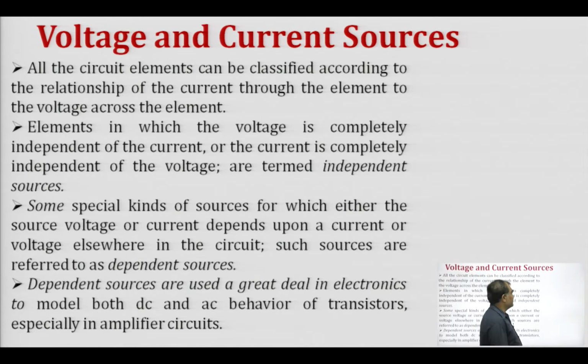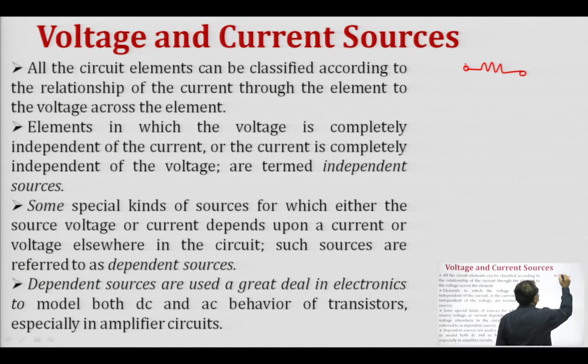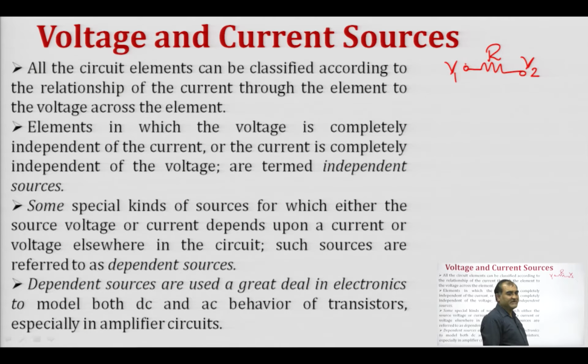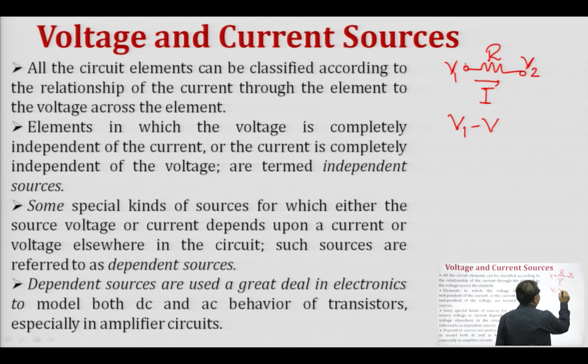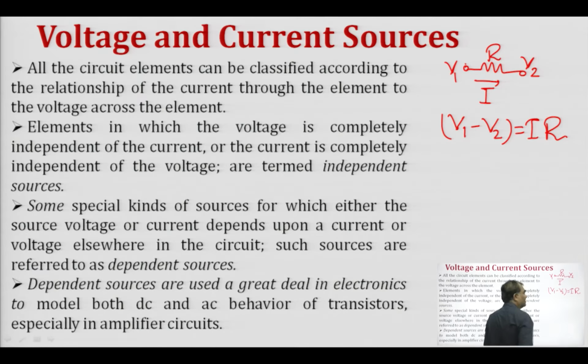For example, suppose we take the case of a resistance R, across which we have applied certain potentials V1 and V2 at the two terminals, and due to this potential drop across this resistance, a certain current I flows through it. So, the voltage difference can be related to current in terms of the value of the element. So, all the circuit elements can be classified according to the relationship of current and voltage.